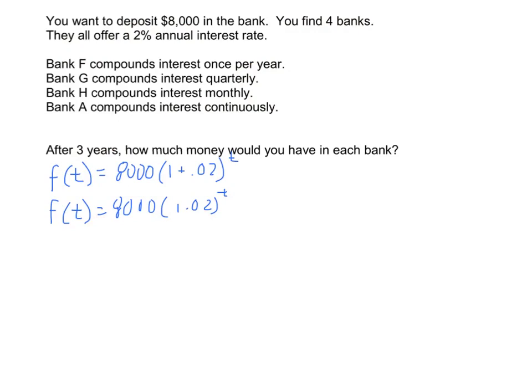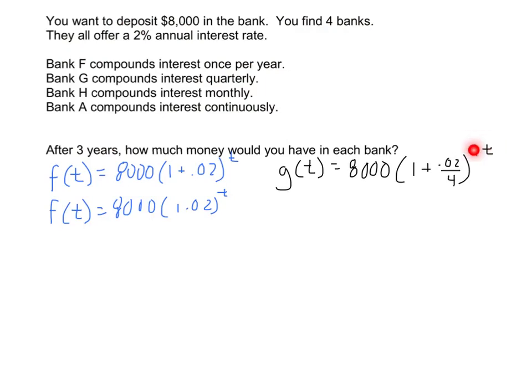What would g of t be? If we're compounding quarterly, that means in 1 year, the interest is going to be compounded 4 times, so we have to divide this 2% into 4 equal pieces. So g of t would be 8,000 times 1 plus 0.02 over 4, raised to the 4 times t power.